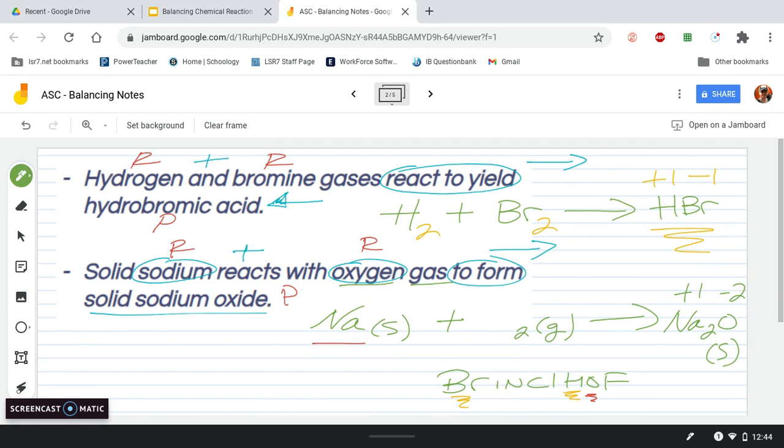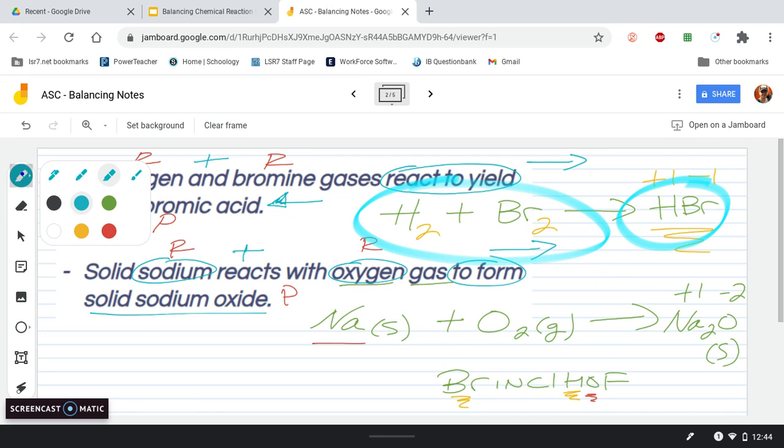So now, once again, we have this issue that we're going to look at next where these are not what we call balanced, meaning you've got more stuff on one side than the other. So see, we have 2 H's and 2 Br's right here. And on this side, we have 1 H and 1 Br. So we want to think of this as an equal sign, and they are not currently equal.